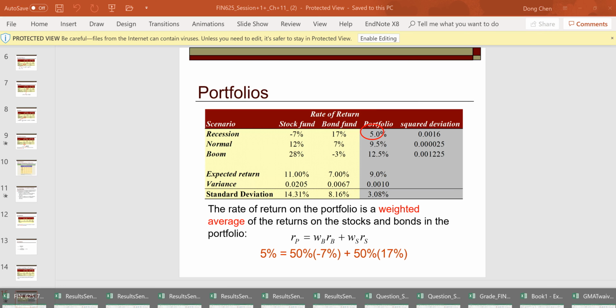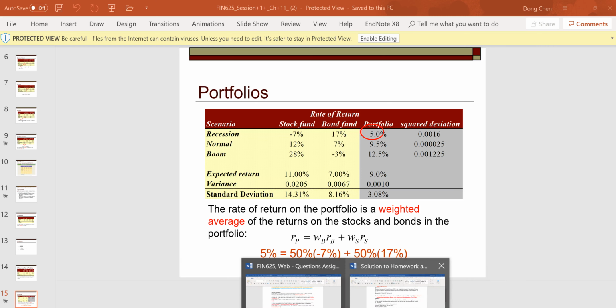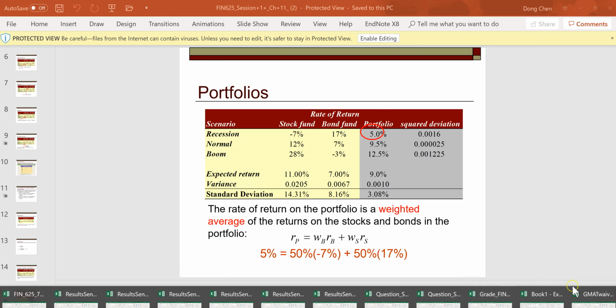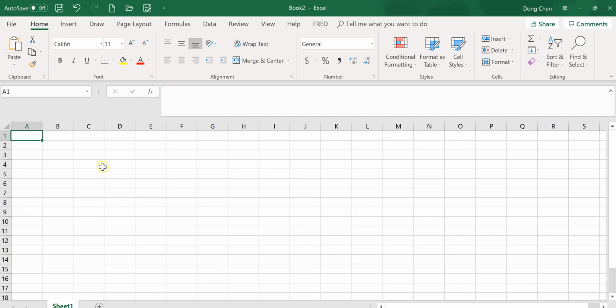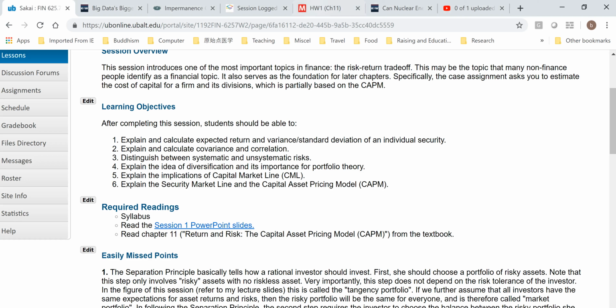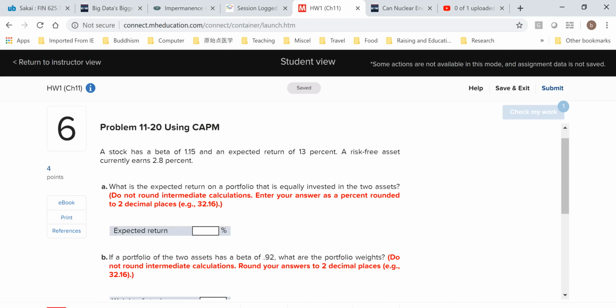Once we understand that, we can just use different tools to solve this problem. Here I choose to use Excel because I found this to be very convenient.